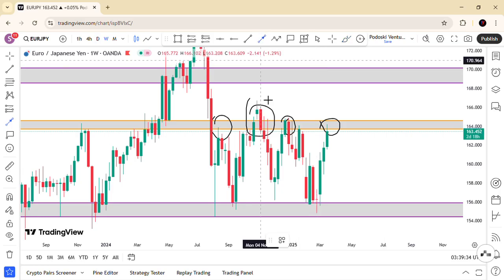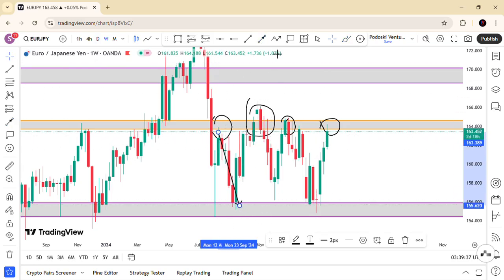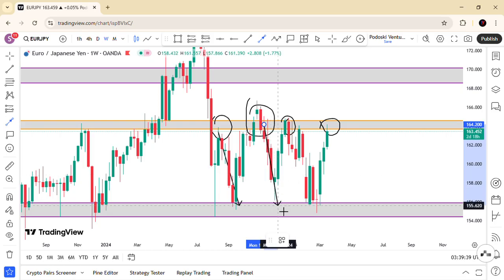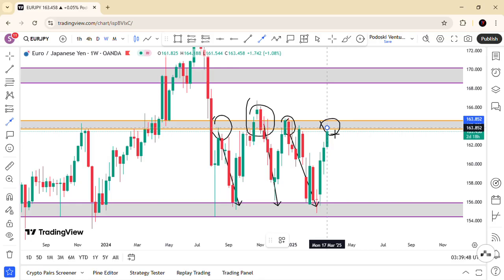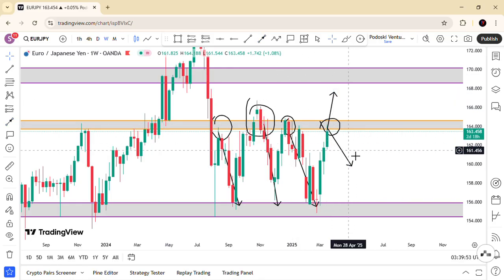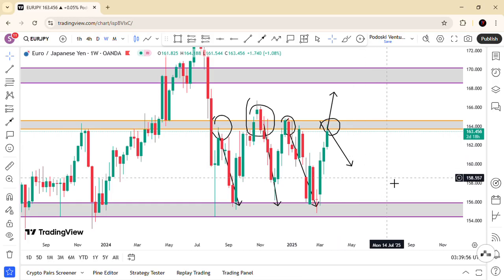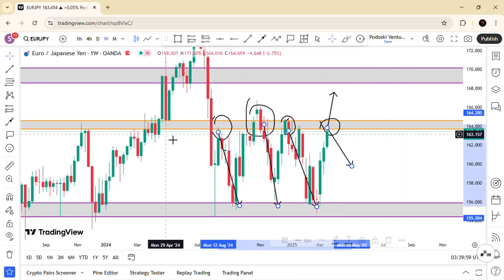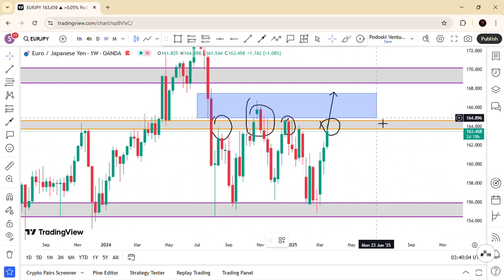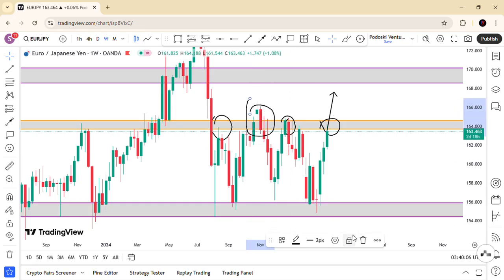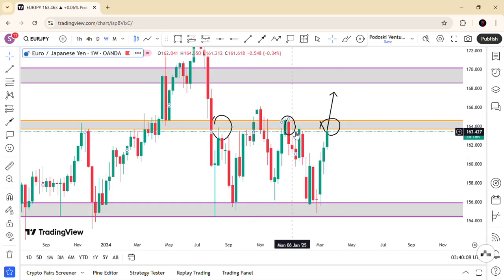Will it touch or break out? That is the question we should be asking ourselves.